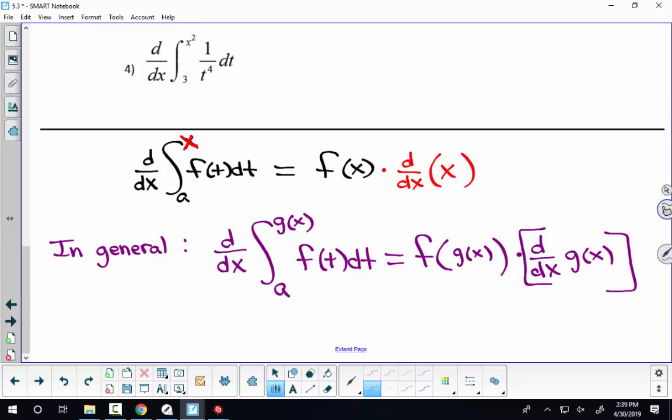Originally, like I said, when we presented that rule of the fundamental theorem of calculus part 1, we didn't see that part because the derivative of x was just 1.